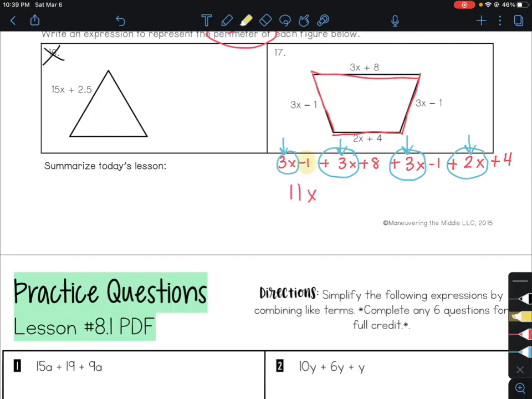And then left over, we have the minus 1, the plus 8, the minus 1, and the plus 4. So 8 minus 1 would be 7, minus another 1 would be 6, and then add 4, we'd get 10. So notice here that we combined x's with x's and constants with constants, and we can't go any farther because this means multiply, and you cannot add before you multiply.